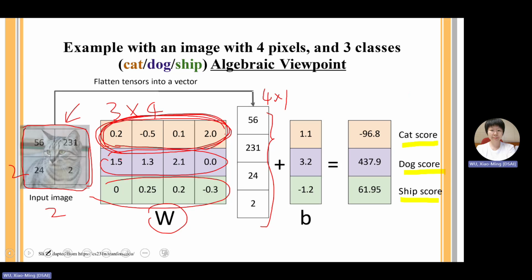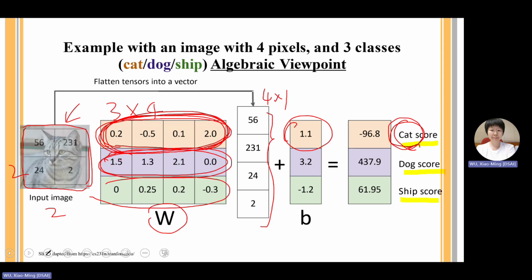The first row of W corresponds to the cat classifier, so these parameters form the hyperplane for classifying cat.